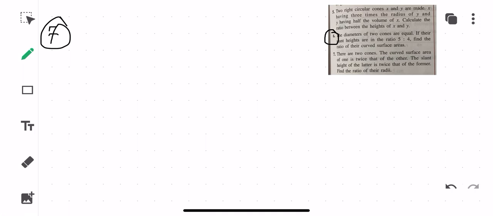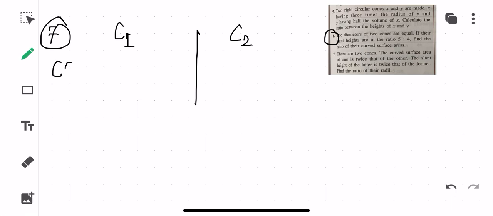So question number 7 says what, children? There are two cones. Okay, so again I'll be writing like this. Suppose this is my first cone. Suppose this is my second cone. Okay, the CSA of one is twice the other. So first of all they are saying that the CSA of the first is twice the other.